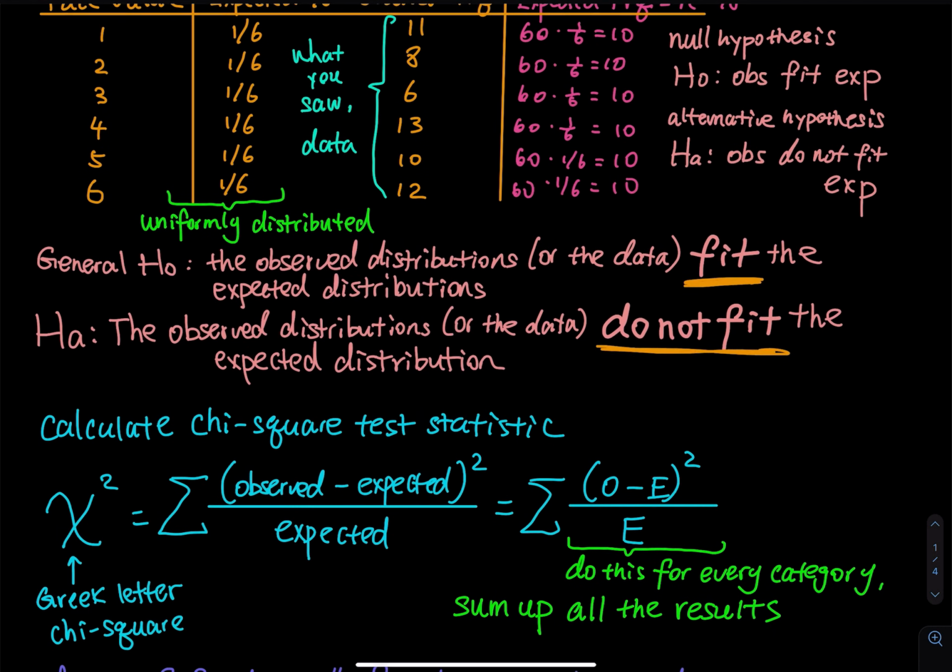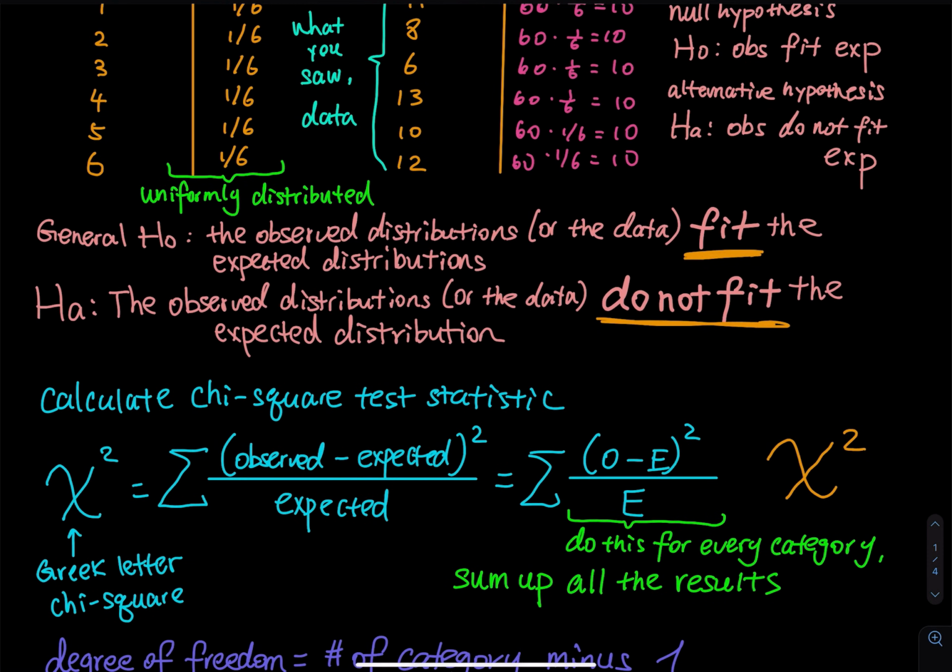And here is the formula to calculate the test statistic for chi-square goodness of fit. You have to write a chi-square. This is a chi-square symbol. It starts with this, and then a straight line, and then a square. This is a Greek letter, chi-square, that equals the sum. Sum of what?